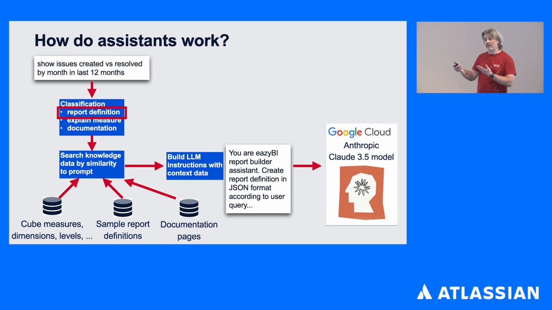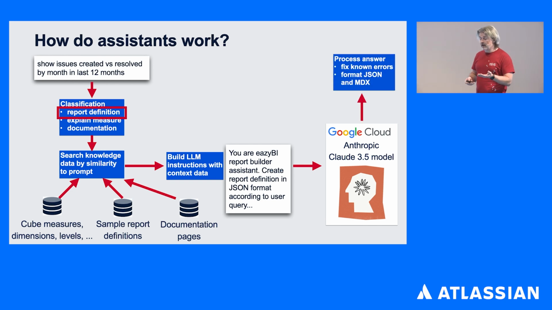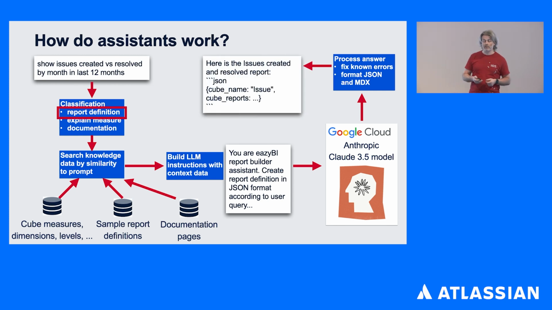But currently we get the best results from the Anthropic Claude 3.5 Sonnet model, and that we use in our case. We get the response from the LLM and then process the answer. We fix some known errors, format the JSON and MDX responses, and then send the result back to the user, where they can see it.